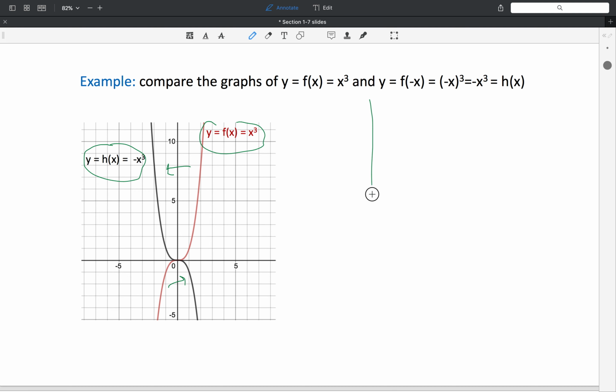Now notice with y equals x squared, so I'm looking at the other example. I think it's good to compare. And then we had f of minus x equals x squared.